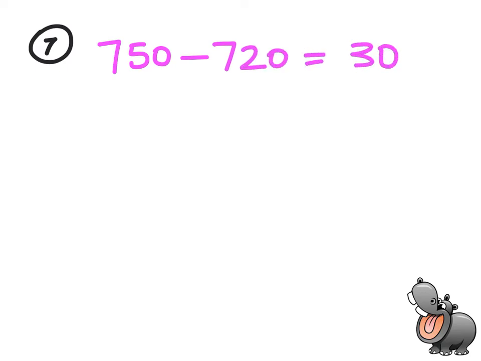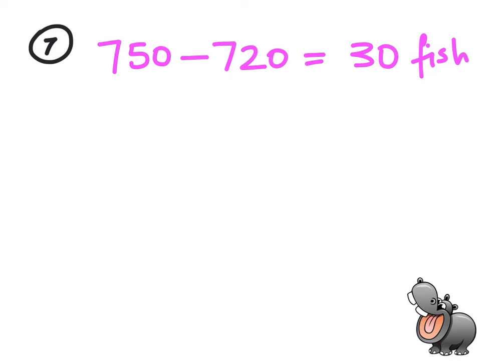Question 7. The Ranger at Gatmurn Dam. Now, it says in the question that there were 750 trout. However, they had gone down to 720, which means the dam has lost 30 fish. The whole point of this question is we need to work out the percentage fall.